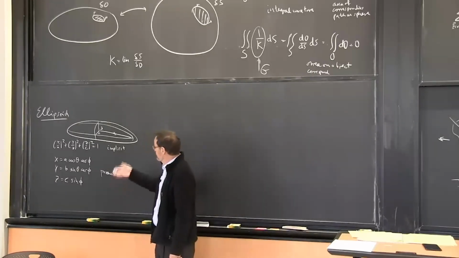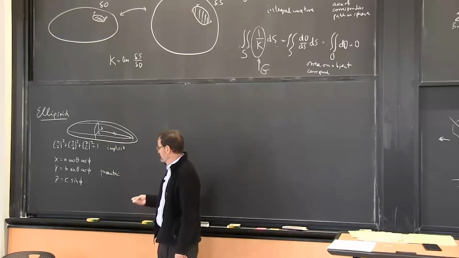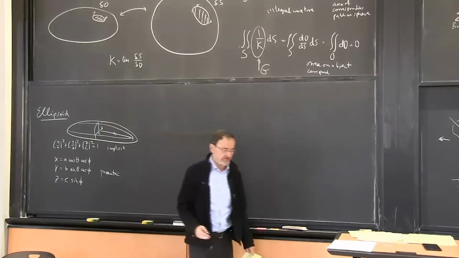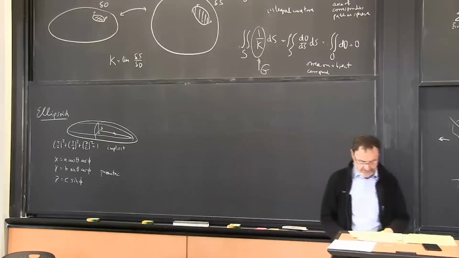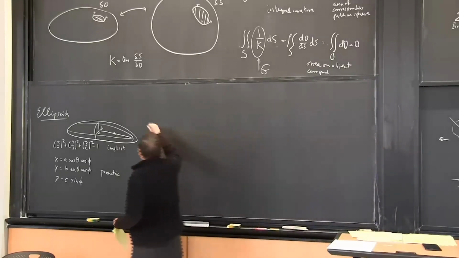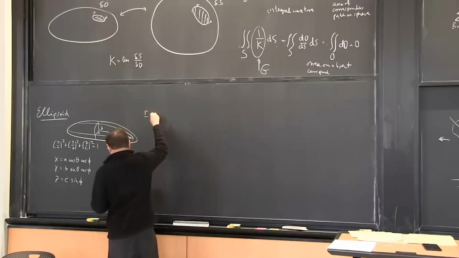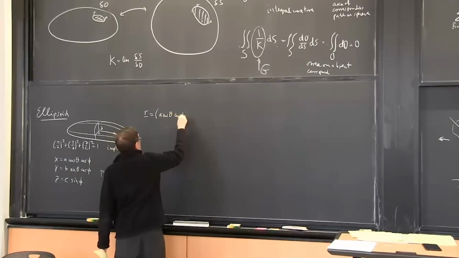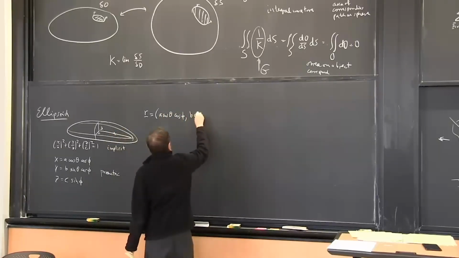So phi and theta are a way of addressing points on that object. Okay, so I can always write a vector to any point on the surface by just listing those things.